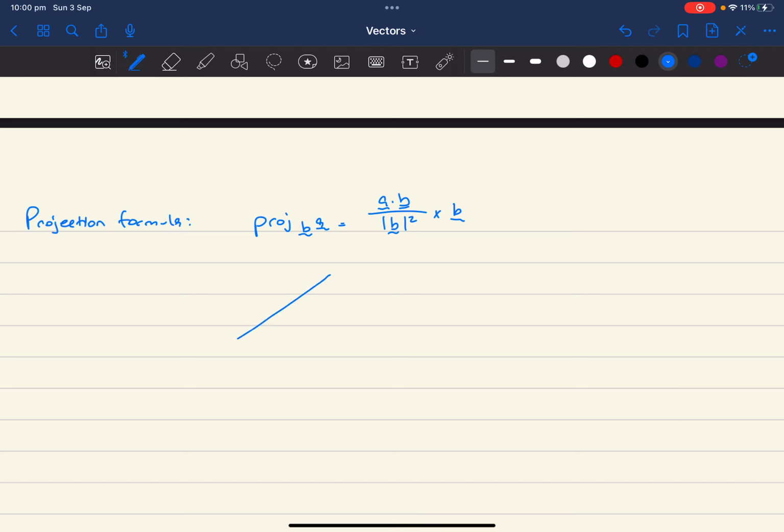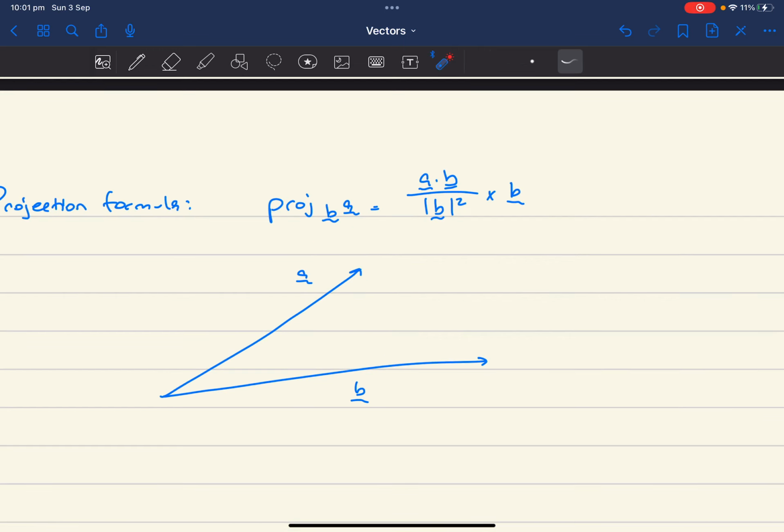So let me just draw an example. Let's say this is the vector A, this is the vector B, right? This basically means the projection of A onto this lower letter. So projection of A onto B, right?